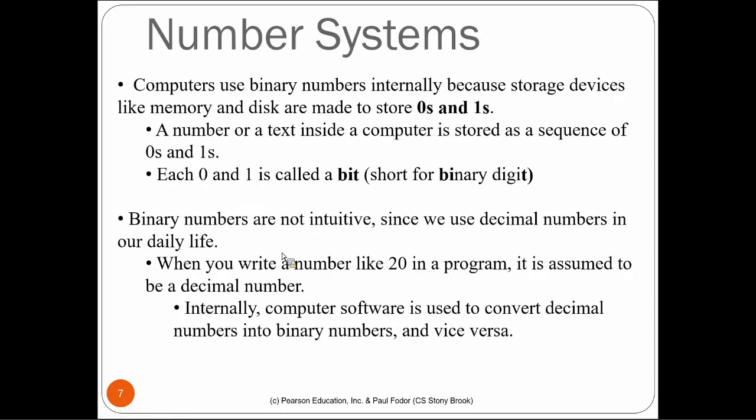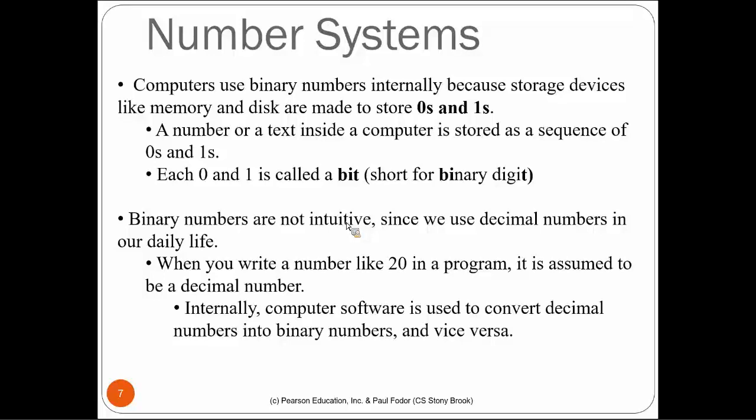So as I said, computers use binary numbers internally because devices like memory and disk are made to store 0s and 1s. A number or a text inside the computer is encoded into a sequence of 0s and 1s. Binary numbers are not intuitive for us, because we are using decimal numbers in our daily life.